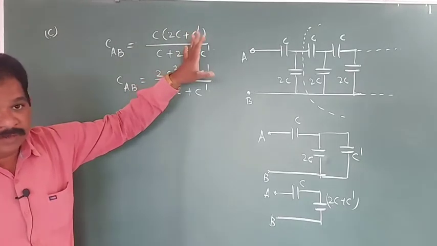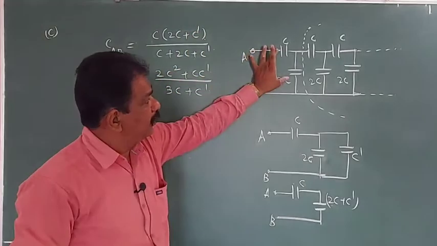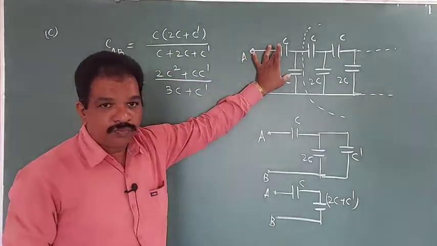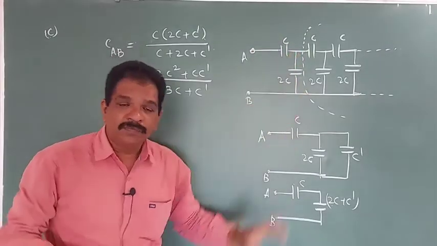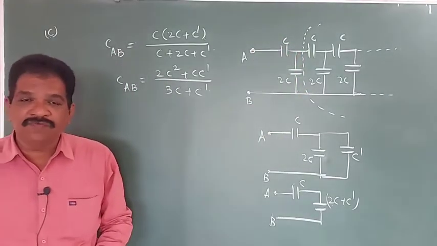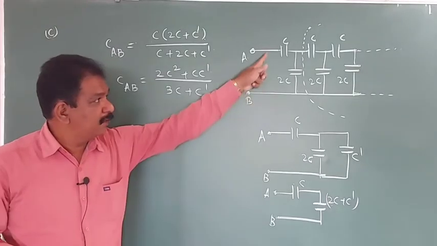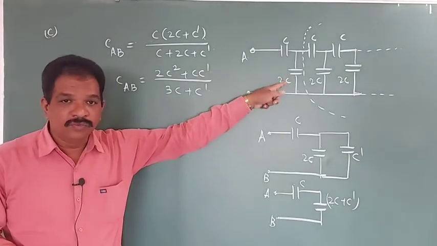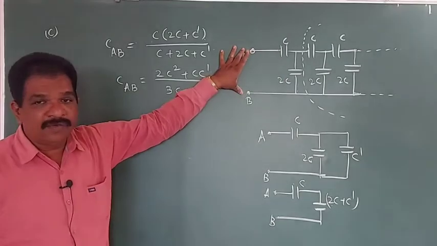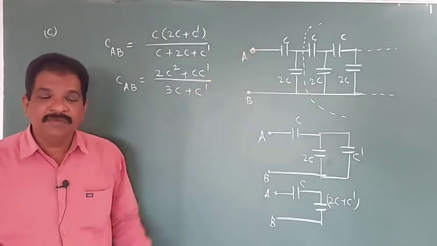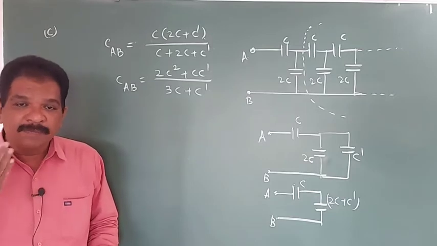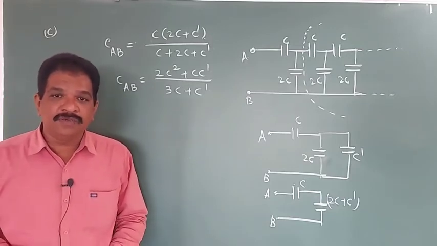I removed only these two and assumed the effective capacity of the remaining is C dash. Just by adding these two, we are getting the CAB value. So the CAB value is approximately equal to C dash.